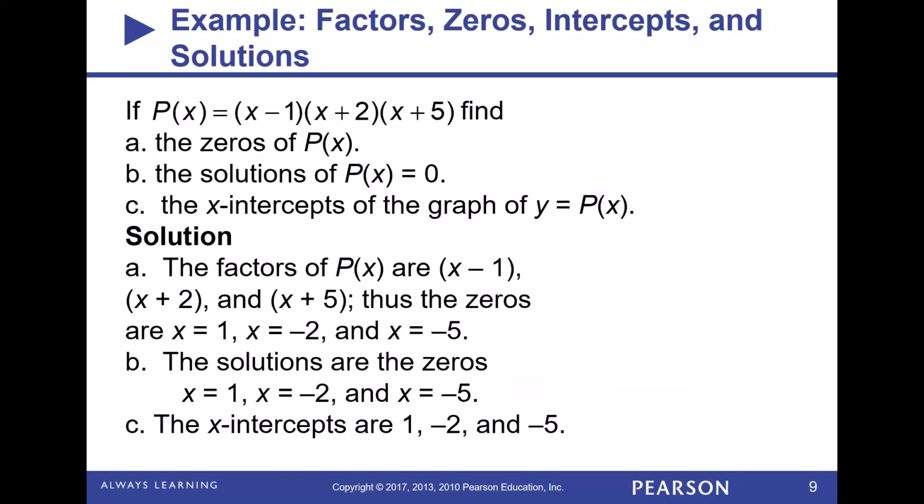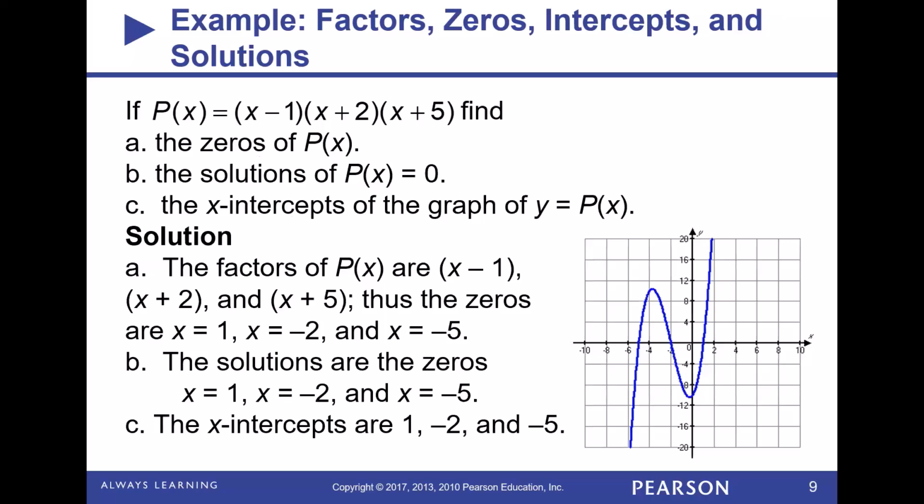Now, if you look at the graph of all these, I want you to notice that even though we got the same 3 answers each single time, whether I used the word zeros, solutions of where the function equals 0, or x-intercepts, I could have also used my graphing calculator or graphed it and looked to see where it crosses the x-axis.